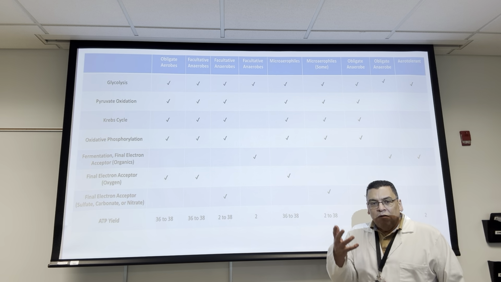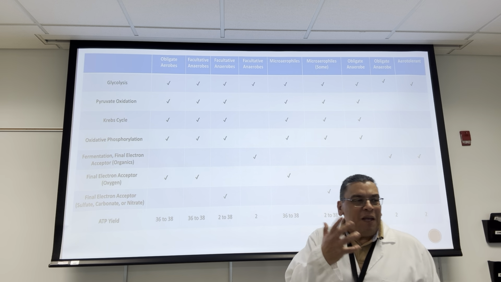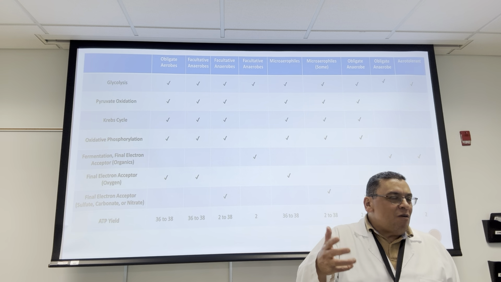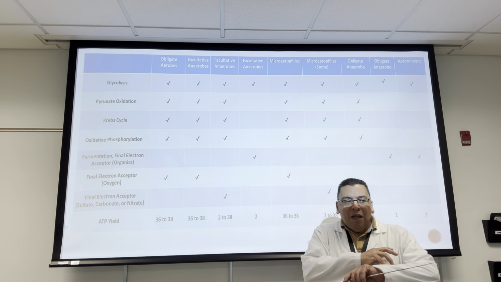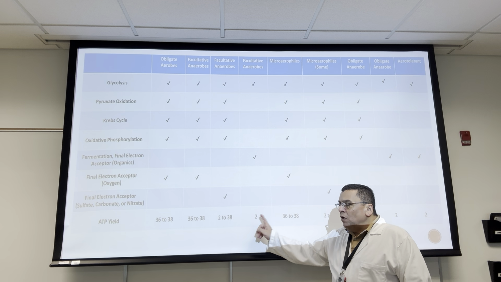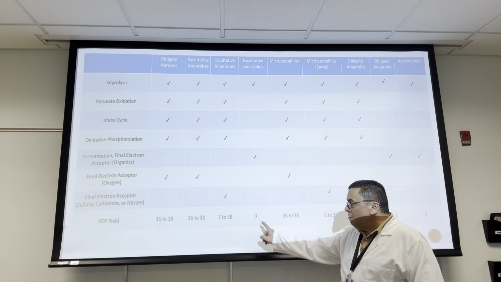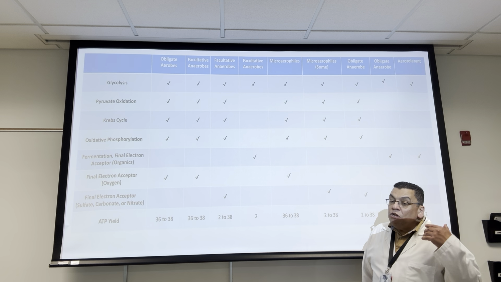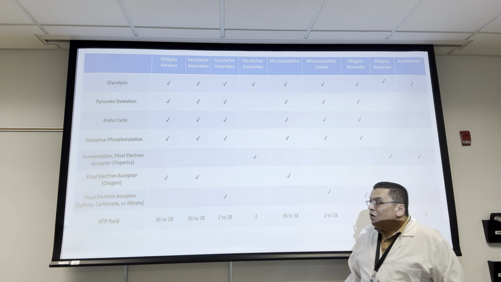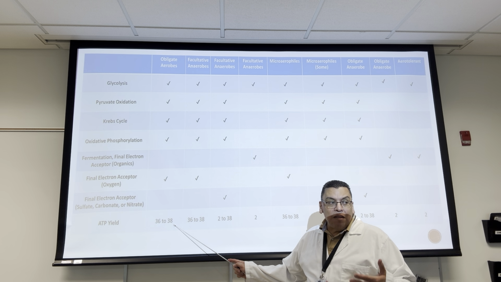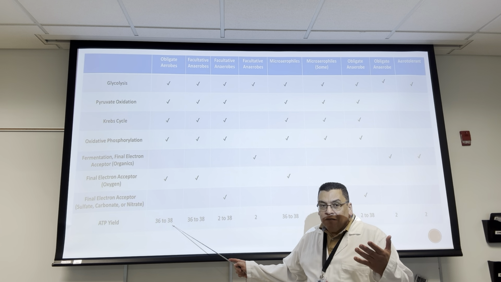Everything about you screams, I need ATP. Your heart beating, your brain activity, your muscle contractions, everything says, I need ATP. And 2 ATP will not cut it. You can't survive off of that. Now, some bacteria can, but you can't. You have a high demand of ATP, so you need a high yield.